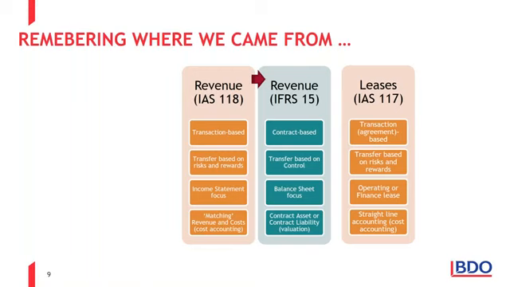We moved to a revenue standard that is contract based, which talks about transferring goods and services on a control model. But more importantly, under the revenue standard, you can now have a variety of contract assets and contract liabilities appear on your balance sheet. And it's those contract assets and liabilities that become impacted by the business combination standard.